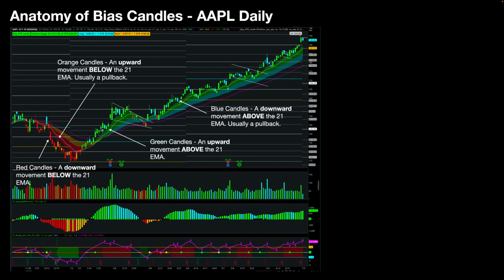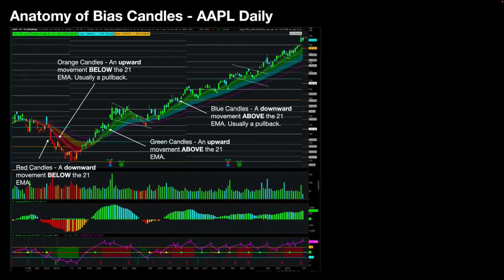You get a conviction arrow firing, pullback, beautiful entry for longs, breakout, starts to form a wedge, breakout, retest, continuation, pullback, breakout, pullback, breakout. So, we had some nice bull flags this last quarter as well. So, you can see here, green candles above the 21 EMA.